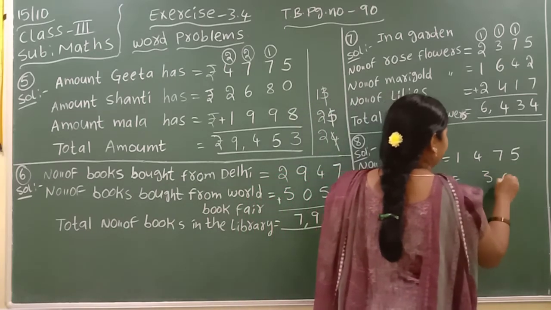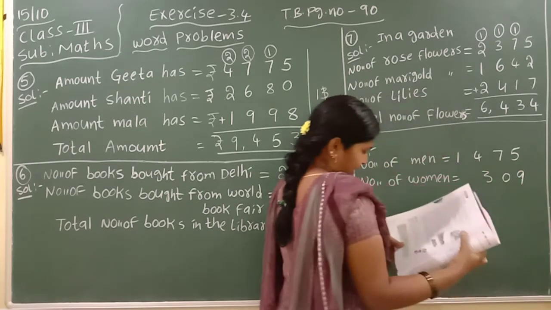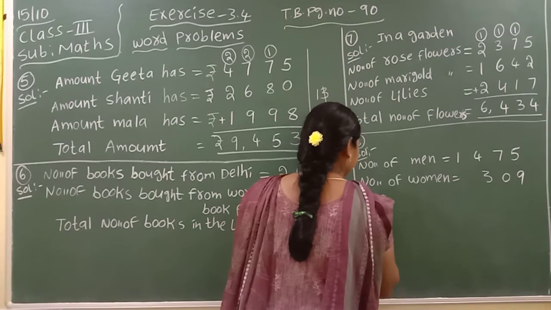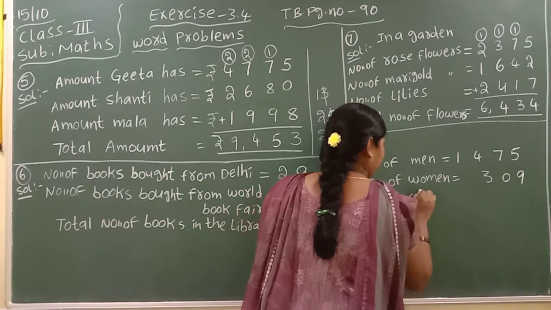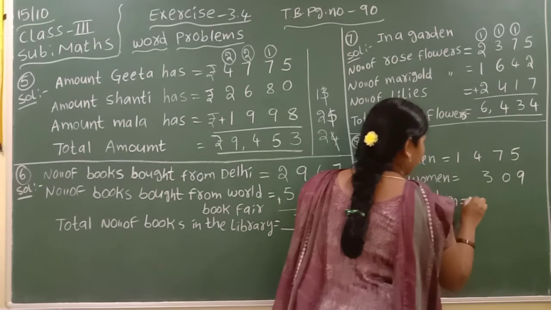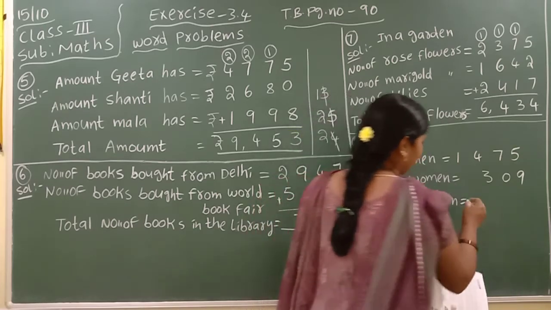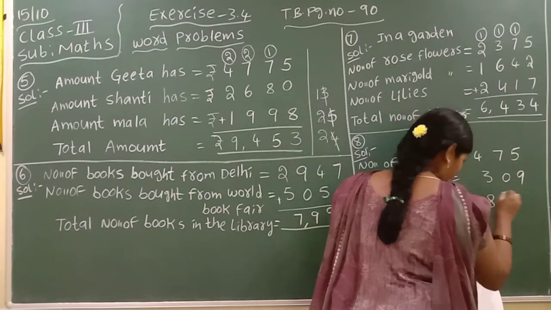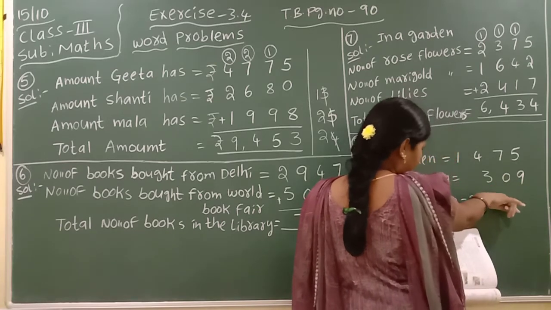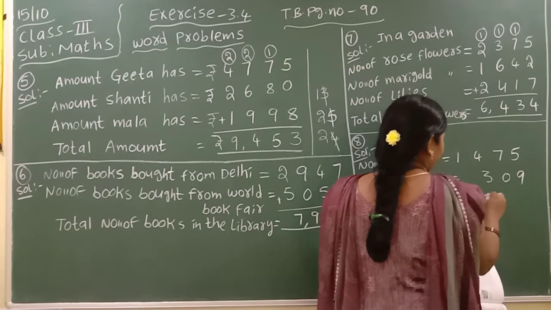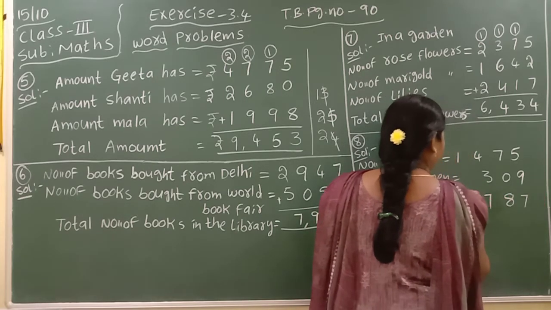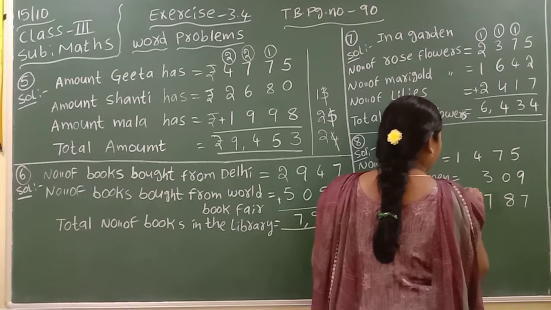That is 309. Number of children. How many number of children? 2787. Here also you have to do the addition.